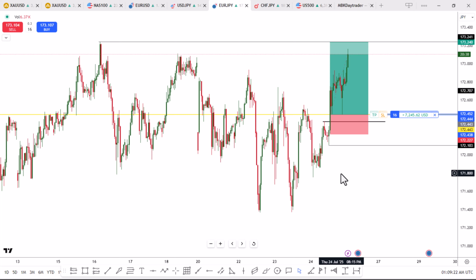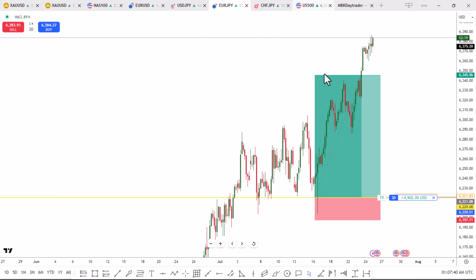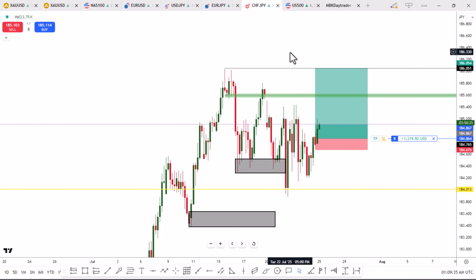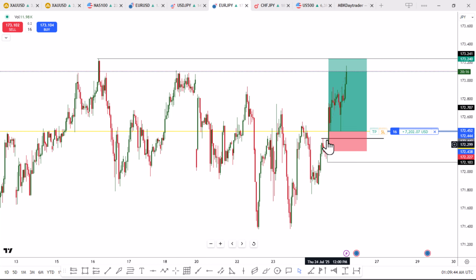So it's not every single trade at every single moment for you to trade, and at the same time you can't be on every single pair. So when this was happening and I wasn't on this pair right here, what was I doing? I was actually executing trades on US 500. I was also searching for levels to execute trades on basically every single pair that actually looks good. When you go to Euro JPY, it's just right now that it started looking good, right? Just about 3 days ago that it started this nice movement right here.